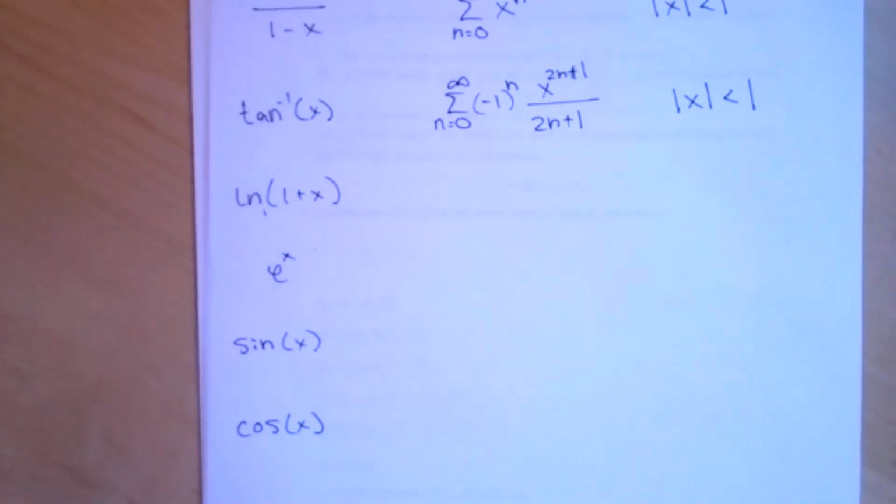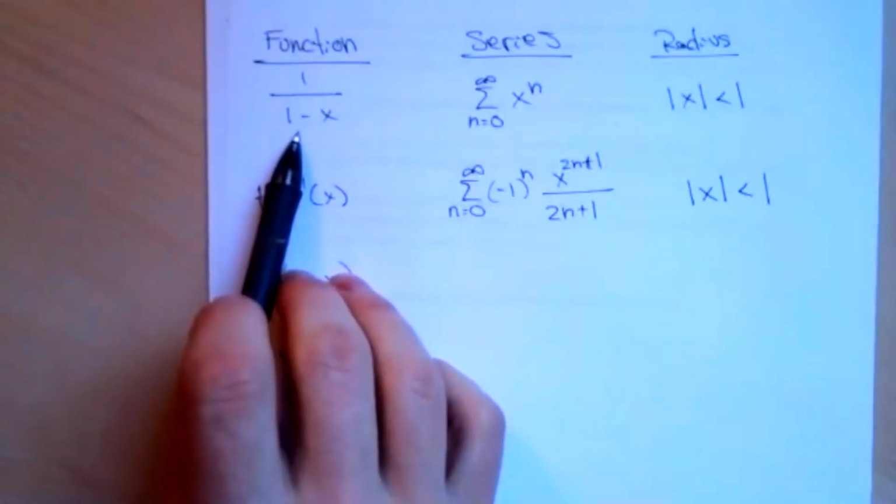We won't be able to come up with all of them on our own, at least during lecture. We're not going to have time to go through them all. But as we will see with Taylor series, you should be able to understand the process of going about finding these. So right now, our only process is modifying the geometric series.